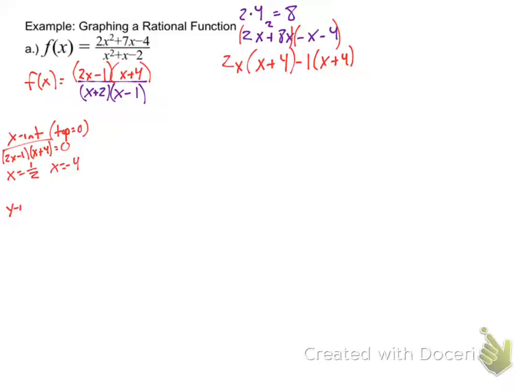What about a y-intercept? I don't know if this was the next one on the list, but we still have to find this anyway. What about this one? How do I find the y-intercept again? Plug in 0. Let x equal 0. Options, guys. I can go back to the original problem, or I can use my factorization.